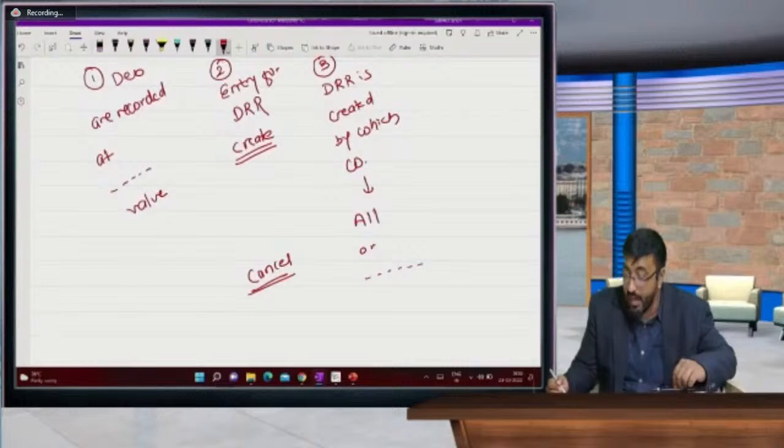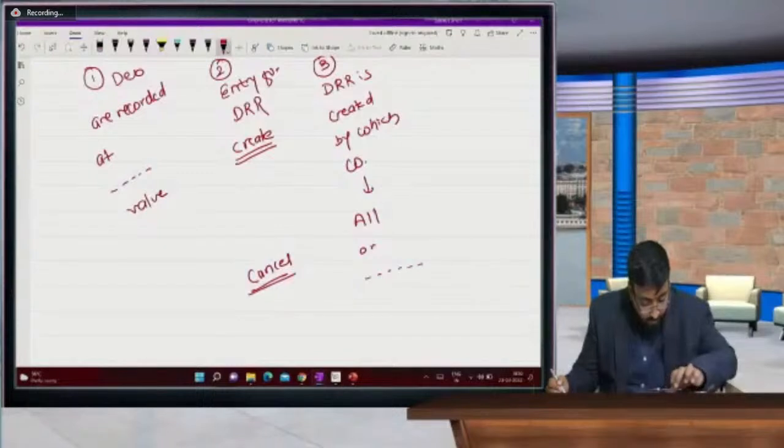So first answered by, yes, second answered by Rekha madam. No. Second by Harshul.